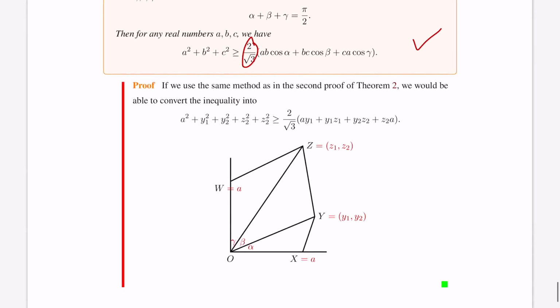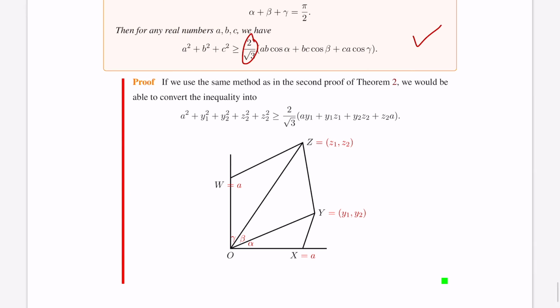So what I can do is I can look at it and see that this inequality is a quadratic inequality for z1. Sorry, this is a c1 here for z1.